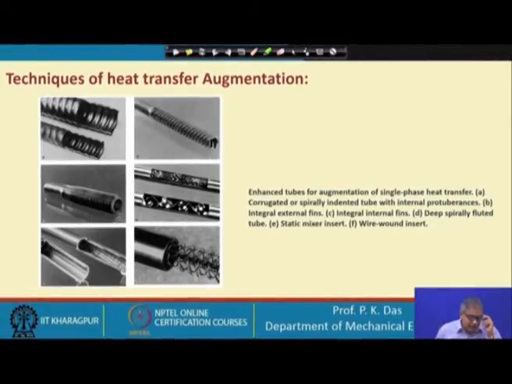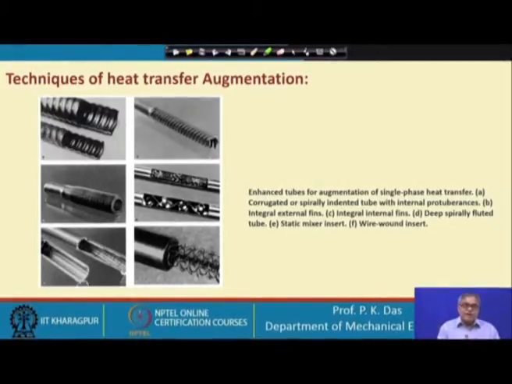In C, there are different kinds of small fins inside the tube, and as they are inside, they are not only increasing the surface, they are also giving a rise in the heat transfer. D, there is again some variation on the tube geometry. So, that will give some enhancement in heat transfer.